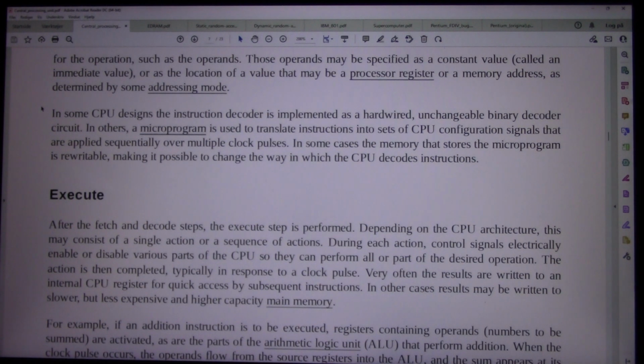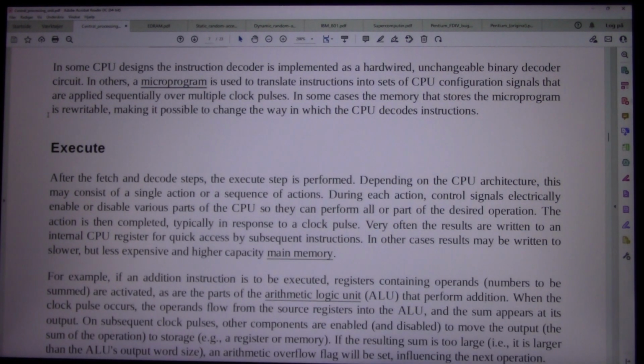Execute. After the fetch and decode steps, the execute step is performed. Depending on the CPU architecture, this may consist of a single action or a sequence of actions. During each action, control signals electrically enable or disable various parts of the CPU so they can perform all or part of the desired operation.